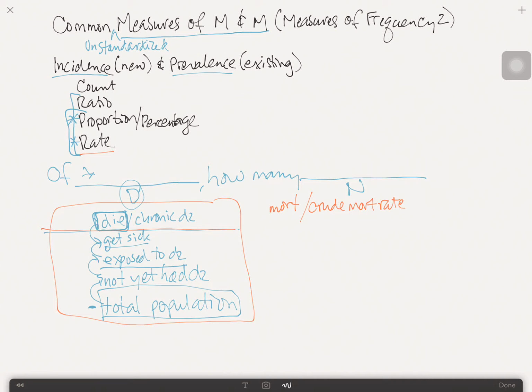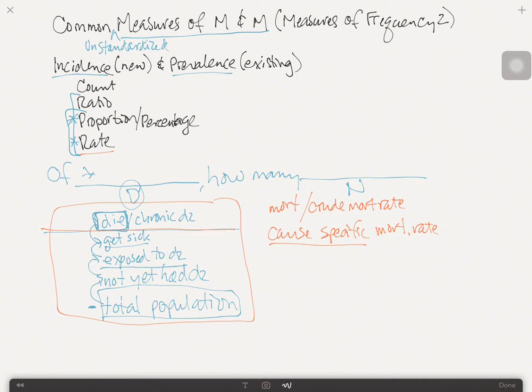So both of those, we may have something called a cause-specific mortality rate. And that is of the total population, how many die from that specific cause. So say die from stroke, die from heart attack, die from cancer. So that's our cause specific.